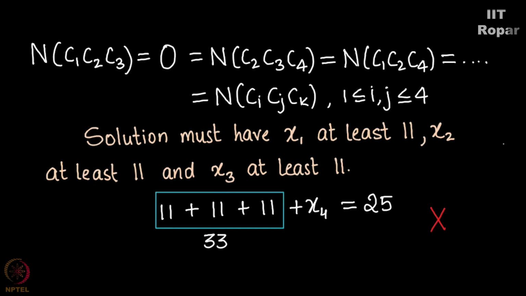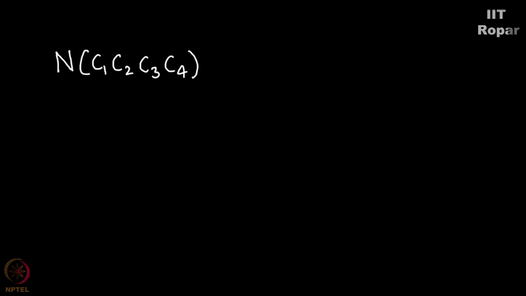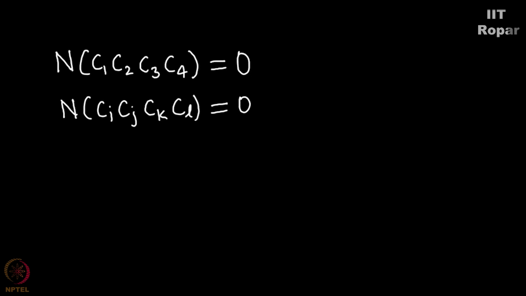Now, if this is 0, what will happen to c1, c2, c3, c4? It is very obvious that they will be 0 as well. You can try it out yourself. So, n of ci, cj, ck, cl is 0 for all ijk, l lying between 1 to 4. So, what is the final answer?